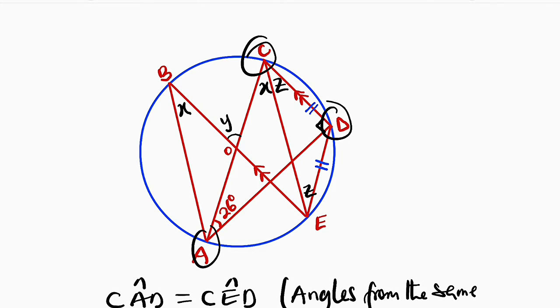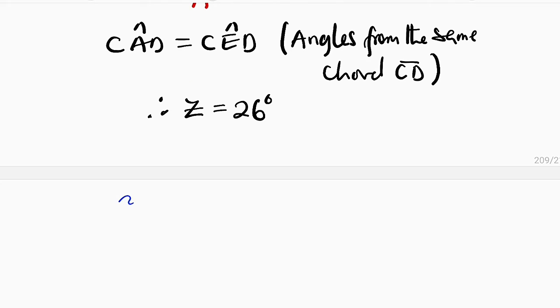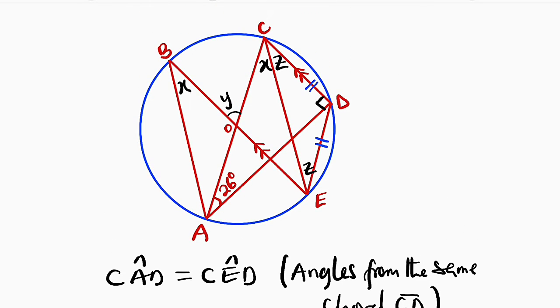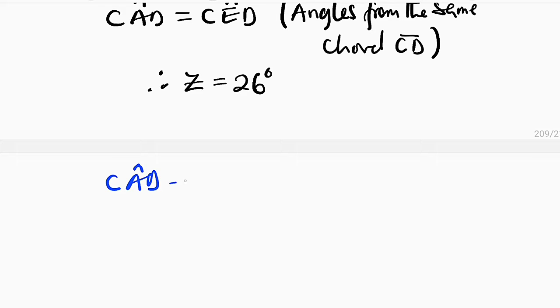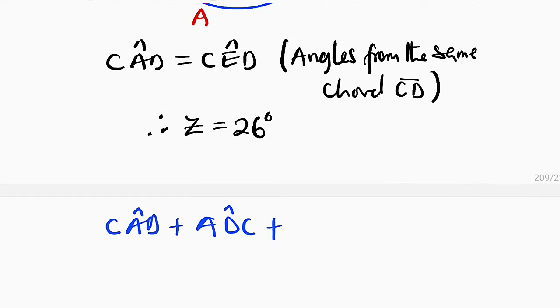So ACD is a triangle, and the sum of all the interior angles of a triangle equals what? 180 degrees. So let us add all of them together. CAD, which is this one, plus ADC, plus DCA.